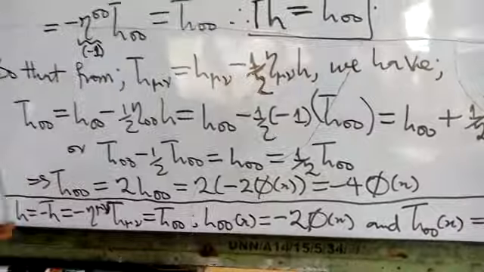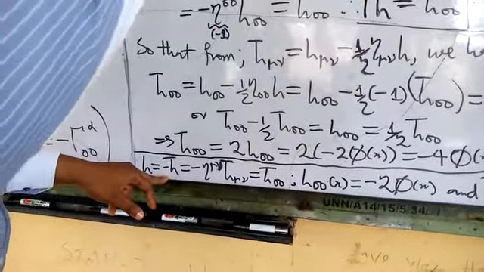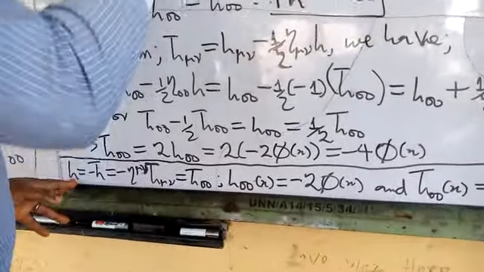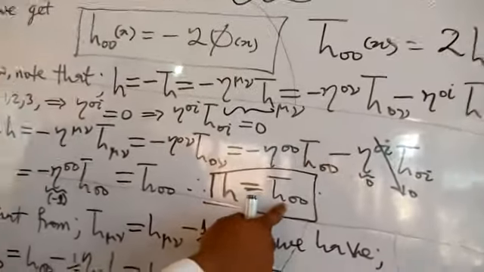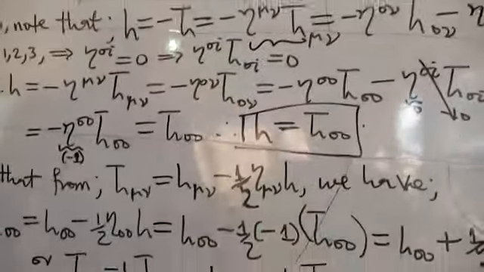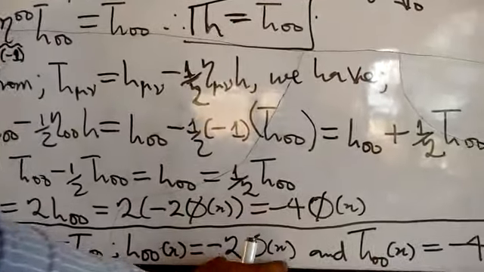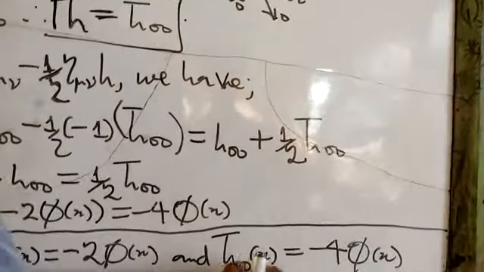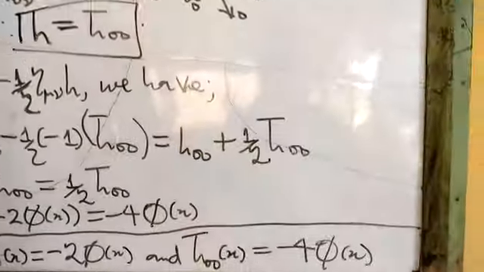And of course, that's what we just have here, that the trace of the metric perturbation is equal to minus the trace of the trace reverse metric perturbation, and is equal to this object, and we have shown that it is equal to the time component of the trace reversed metric perturbation. We've shown that h naught naught of x is equal to minus 2 phi of x, and that h bar naught naught of x is equal to minus 4 phi of x. So again, at this point, I'd like to erase this.